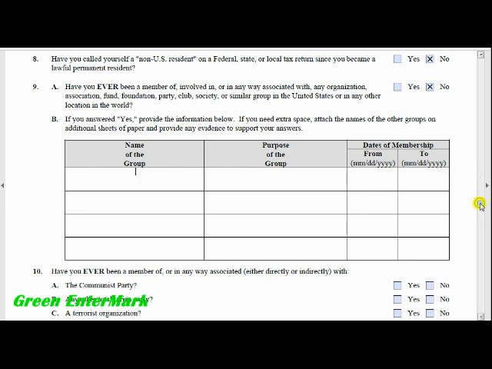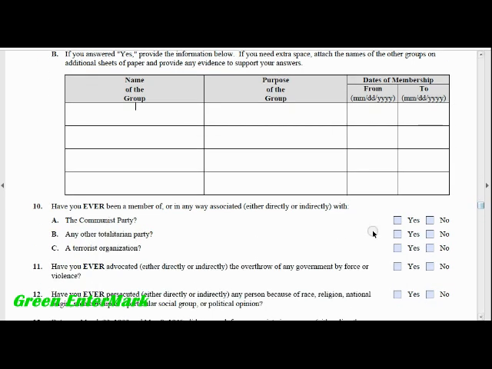Then, have you ever been a member of, or in any way associated, either directly or indirectly, with the Communist Party, any other totalitarian party, or a terrorist organization? No. If you have been, you have to mention it here. Say yes and tell them, because they have your records.